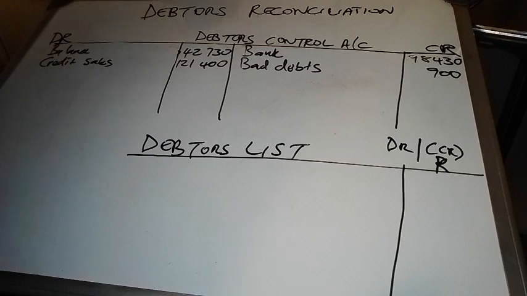For example, in the debtors control account, we just identified creditors allowances which do not belong in the debtors control account. So that's one of the errors that have been made, as well as the debit and credit.